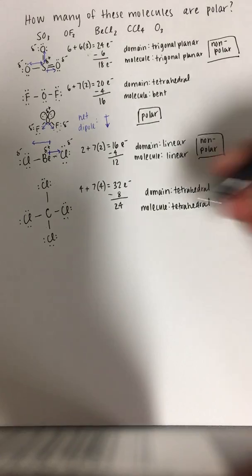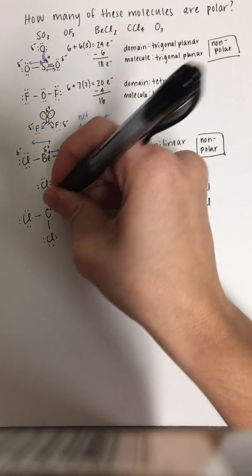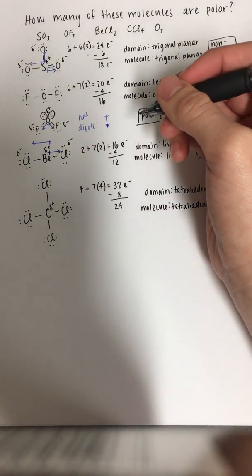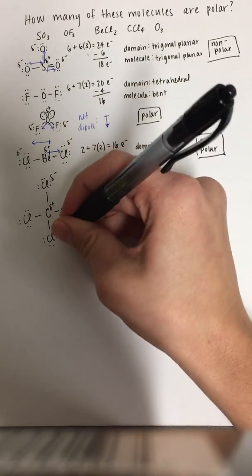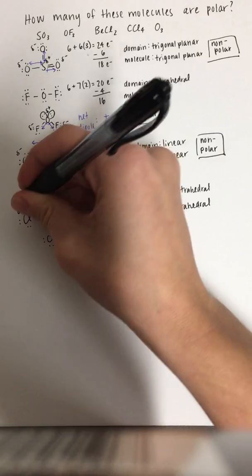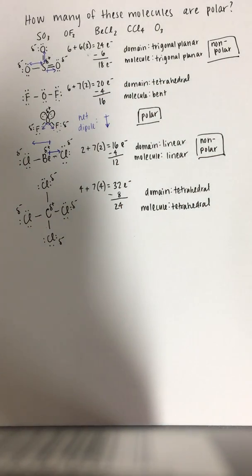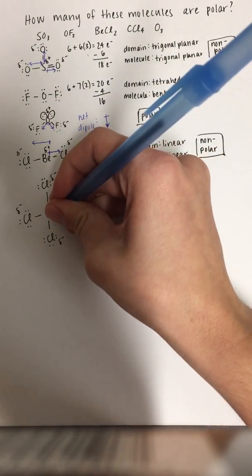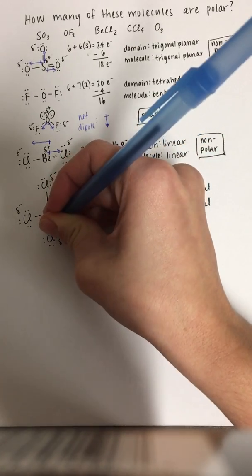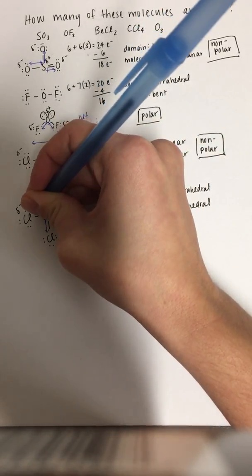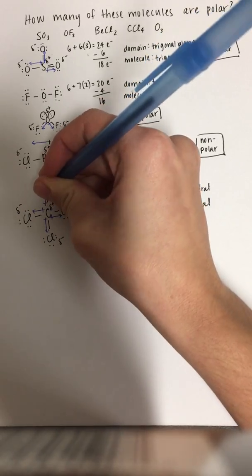When you draw the bond dipoles, you know that carbon is going to be less electronegative, and the chlorines are going to have a slightly negative charge because they're more electronegative. So the bond dipoles are going to extend from the carbon out to each Cl atom, and they're all going to be equal.